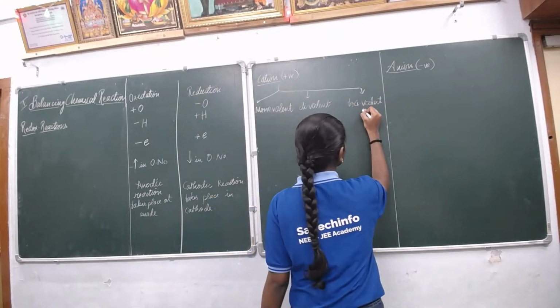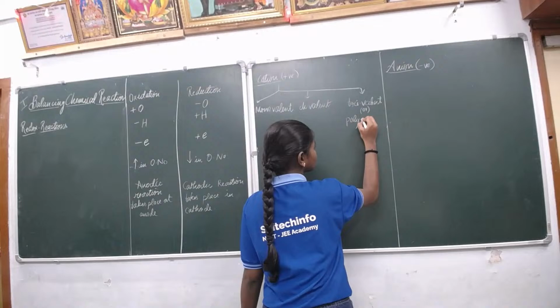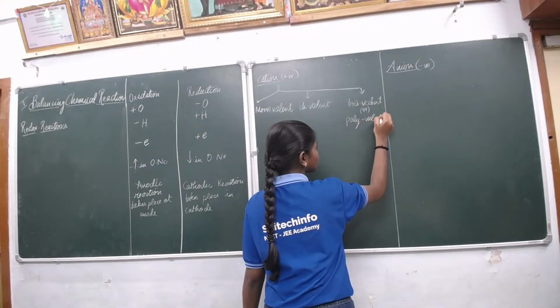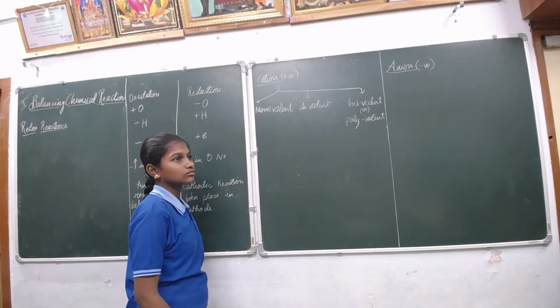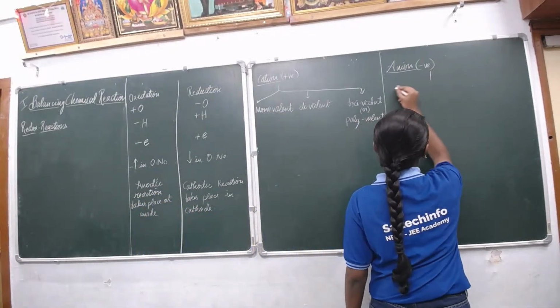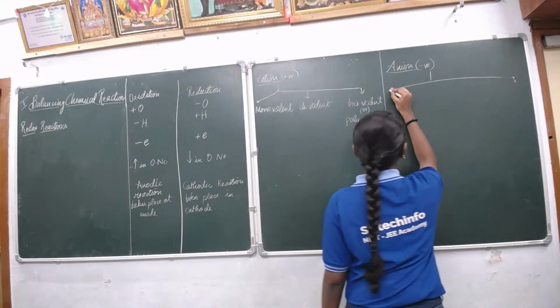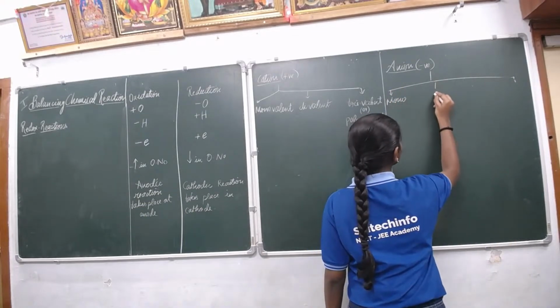Monovalent, divalent, and tri or polyvalent. Similarly, you can classify anion into three: mono, di, tri or poly.